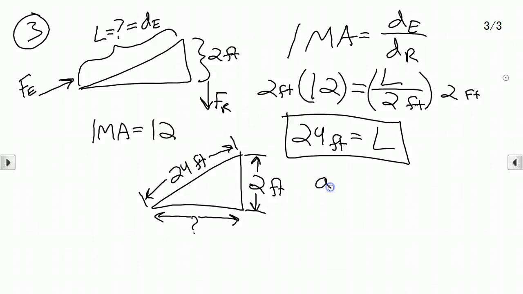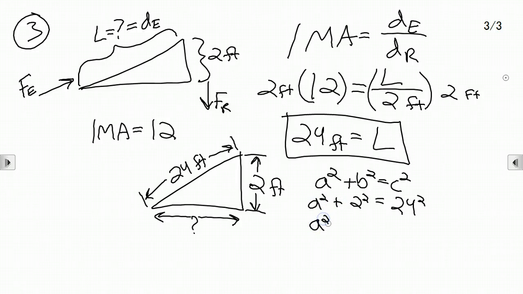And I would say, hey, a squared plus b squared equals c squared. So my c is 24 feet, so 24 squared. My a or my b, doesn't matter which is which, is 2 squared plus that side that I don't know. So a squared plus 4 equals whatever 24 squared is. 24 times 24 gives me 576.